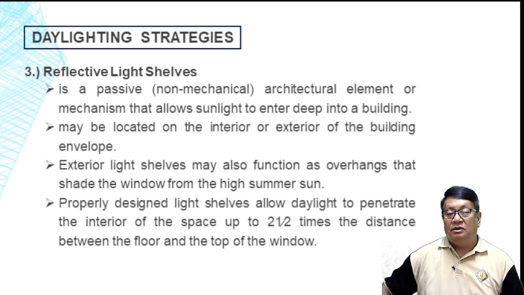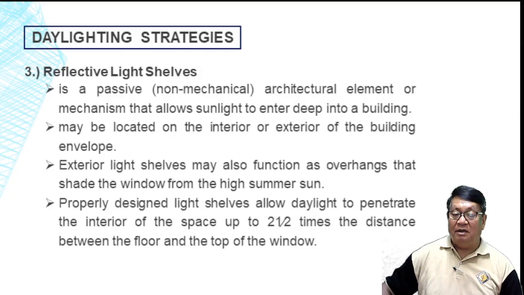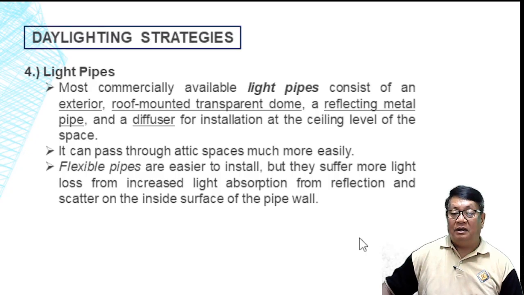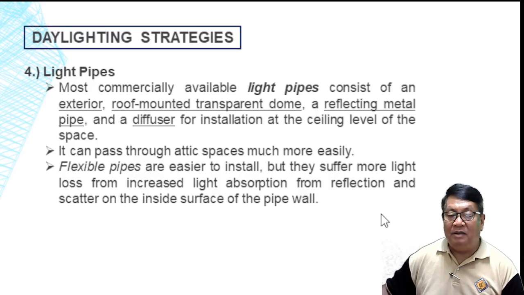Okay, so reflective light shelves. It's a passive, non-mechanical architectural element that allows sunlight to enter deep into a building. Okay, so just read the other content. No? We have also the light pipes.